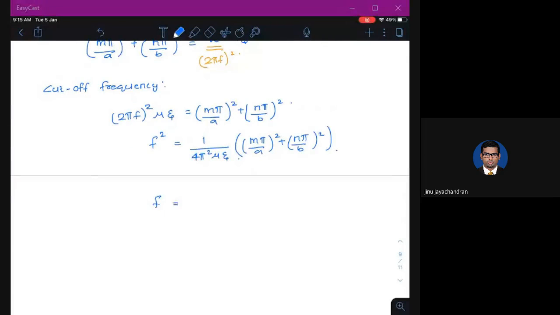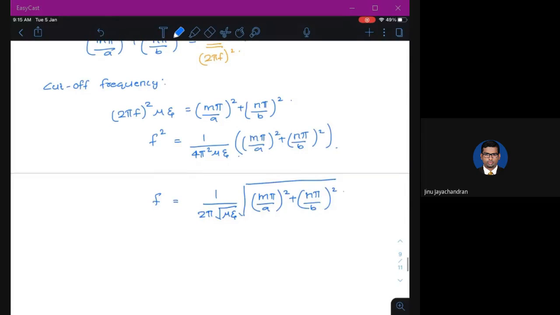Or f is equal to, take the square root of the whole thing: 1/(2π√με) into the square root of (mπ/a)² + (nπ/b)².